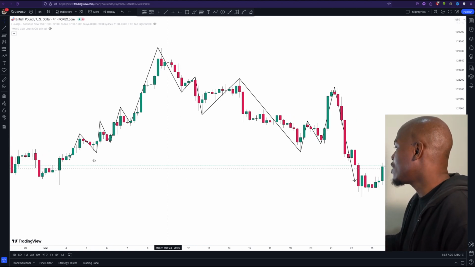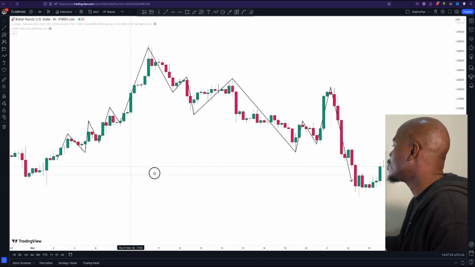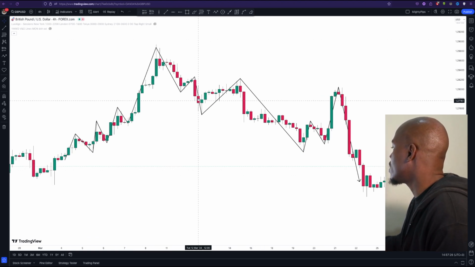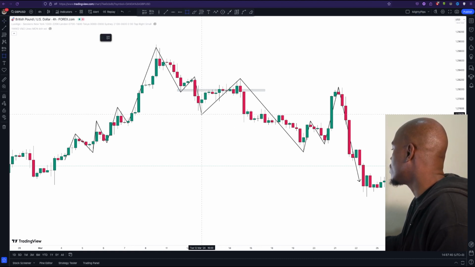After you've checked if your market is making higher highs, higher lows, what you want to do, for example, is mark out those areas. Here, I would mark out this area as a low. I'll mark out this also as a low.